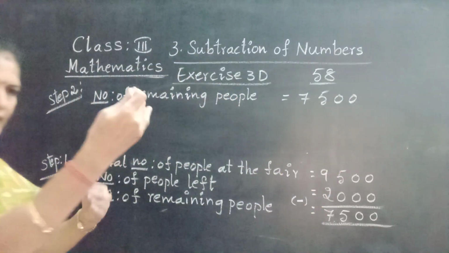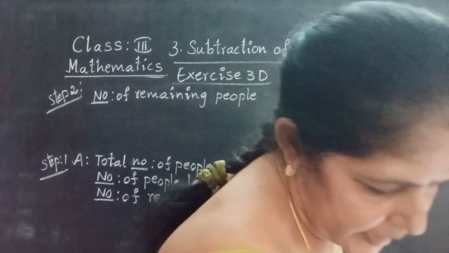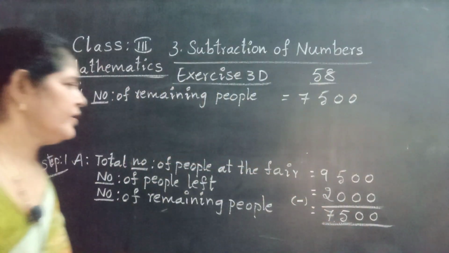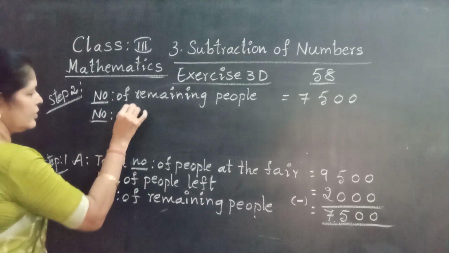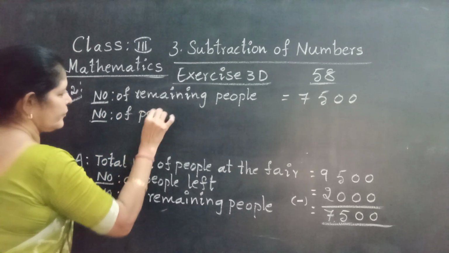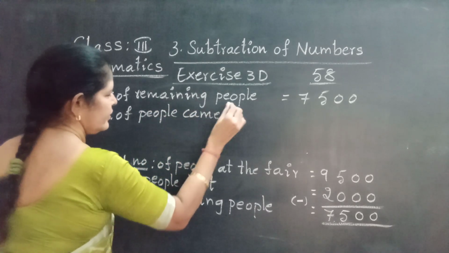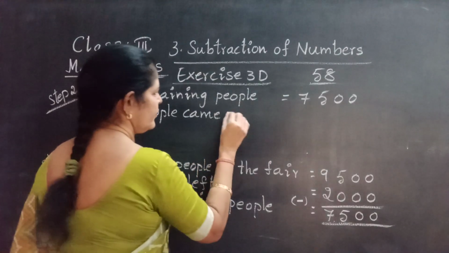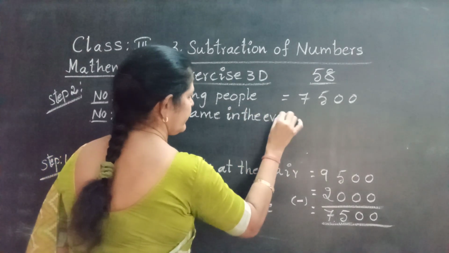Now, how many came in the evening? 1,200. How many came? Yes, sorry, 1,600. Number of people who came to the fair in the evening.